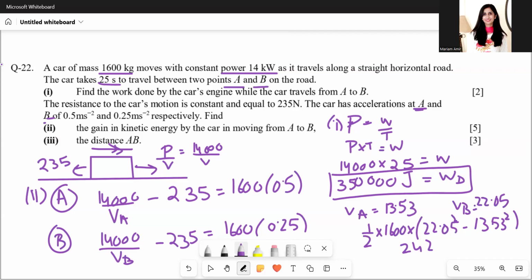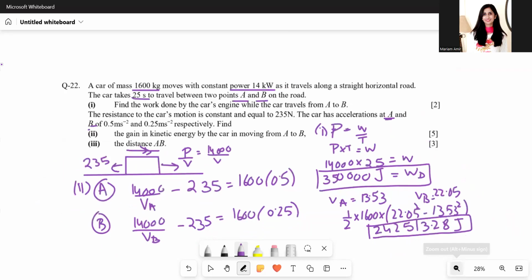I'm getting 242,513.28 joules. This is the difference in kinetic energy, the change in kinetic energy. You may divide it by 1000 and write 242.5 kilojoules as your rounded answer.